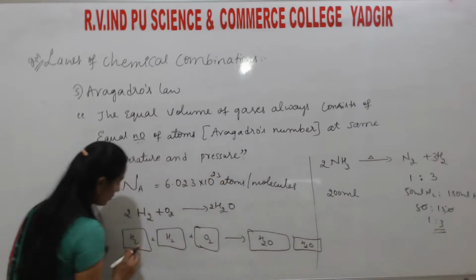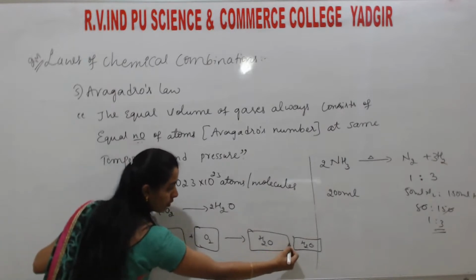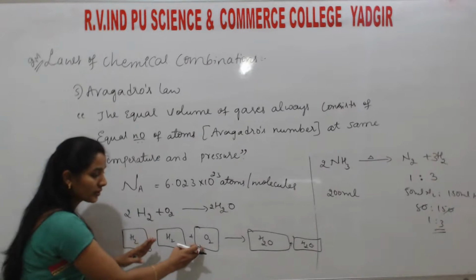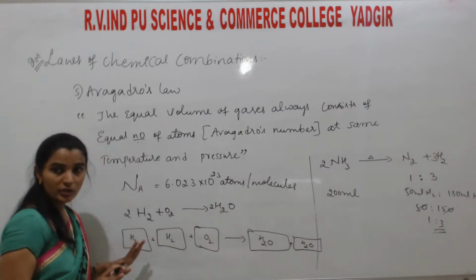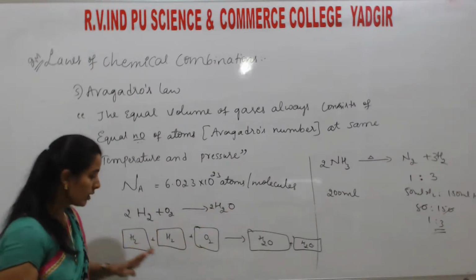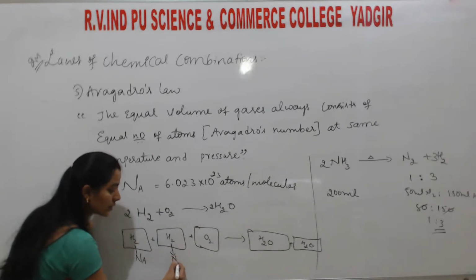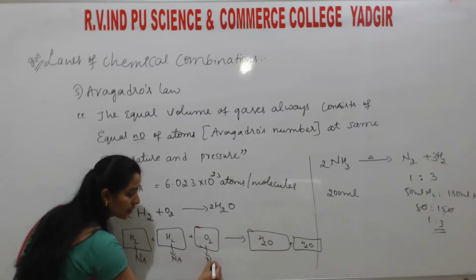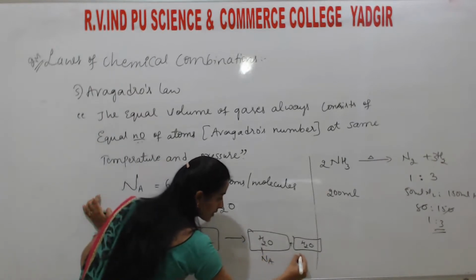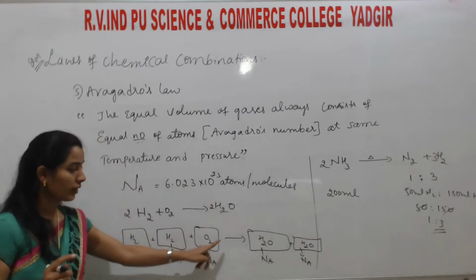I individually write 1 mole, 1 mole plus 1 mole, 2 moles. So students, 1 mole of hydrogen, oxygen or water individually, no matter whether it is an atom, compound or ion, always consists of an Avogadro number of atoms. Each one individually consists of an Avogadro number.